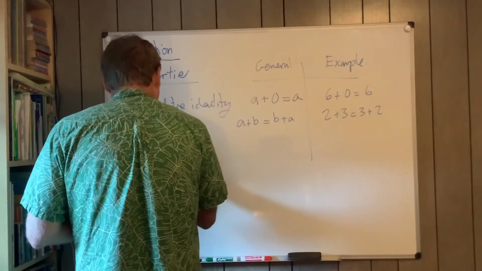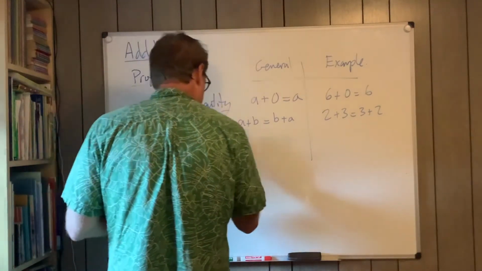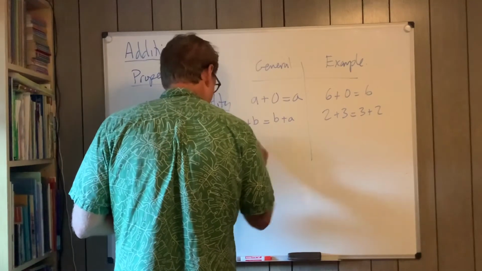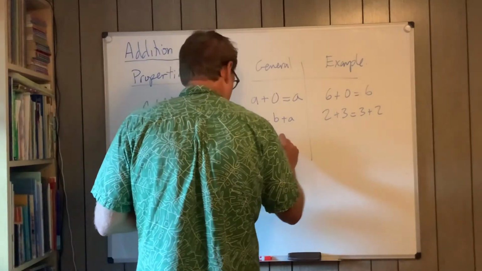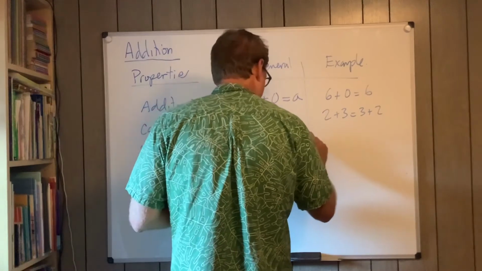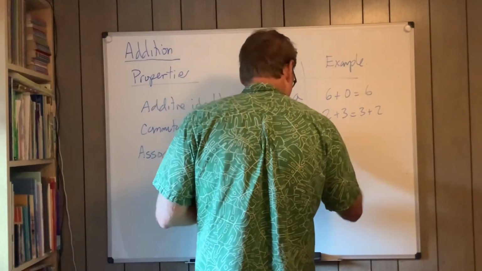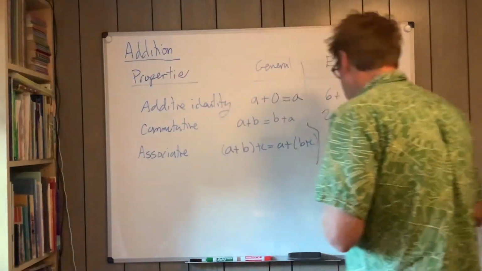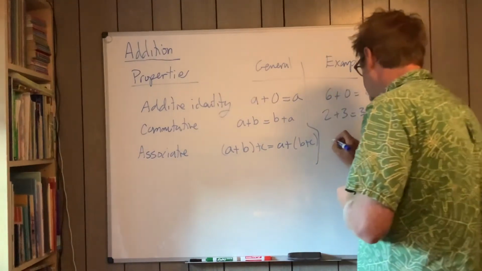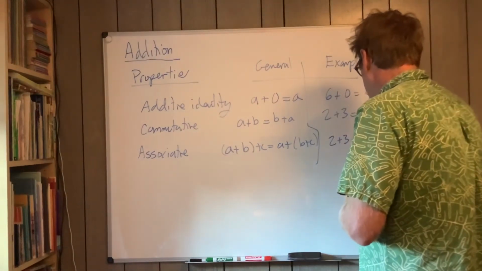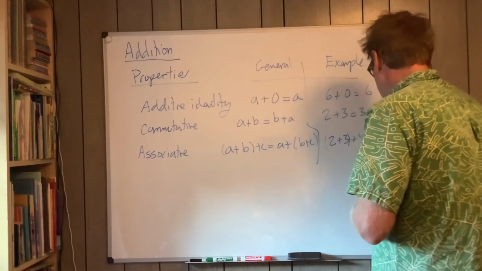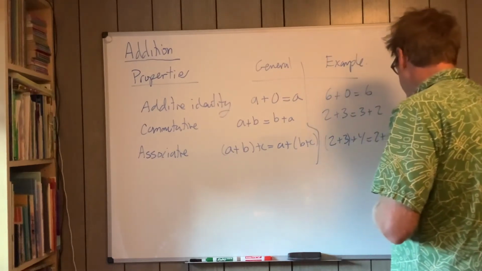Another thing that's quite helpful is the associative property. So this would be saying like (2 plus 3) plus 4 equals 2 plus (3 plus 4).